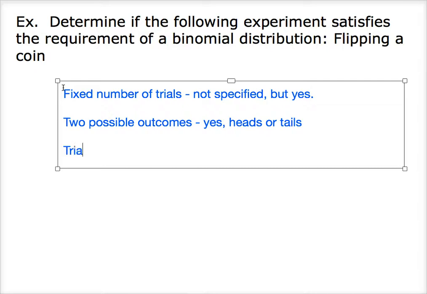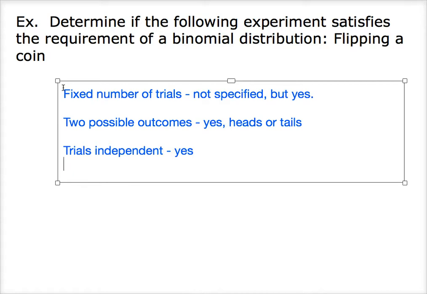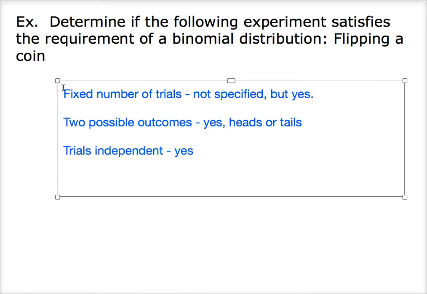Trials are independent. Yes. The probability of success remains constant. In this particular example, if we consider a success to be heads, the probability of heads would be 0.5.